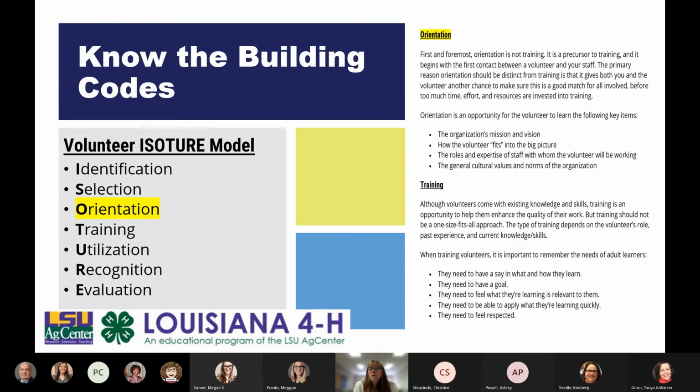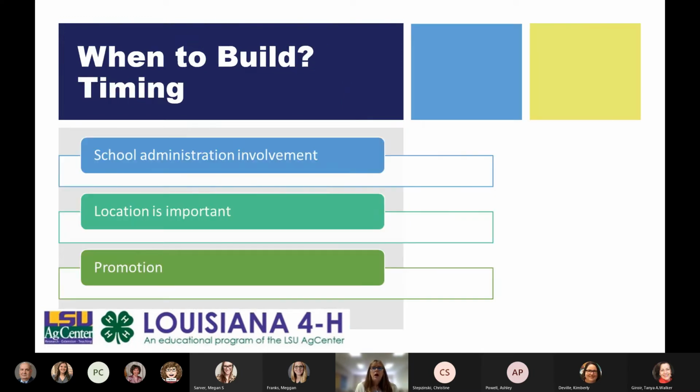They need to feel what they're learning is relevant to them. They need to be able to apply what they're learning quickly, and they need to feel respected. That shows you the difference between the two, because sometimes you think, well, they're the same thing. Well, they're not. But moving into building your orientation, it's good for you to think, when is the best time?